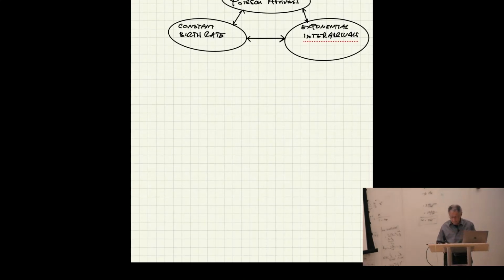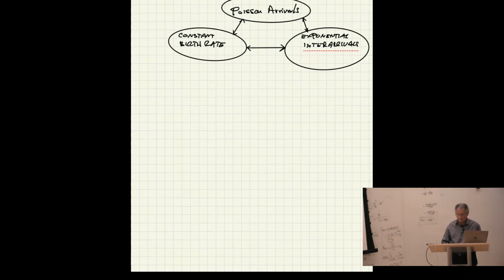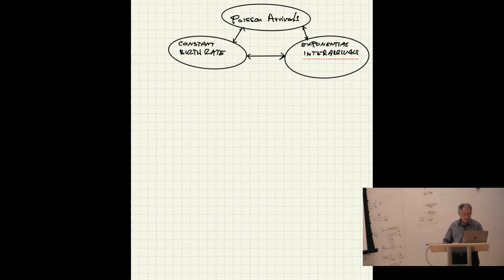I'm going to show you something else now related to that. I want to focus on the exponential distribution. I want to draw the exponential distribution, the density function. This is versus t.